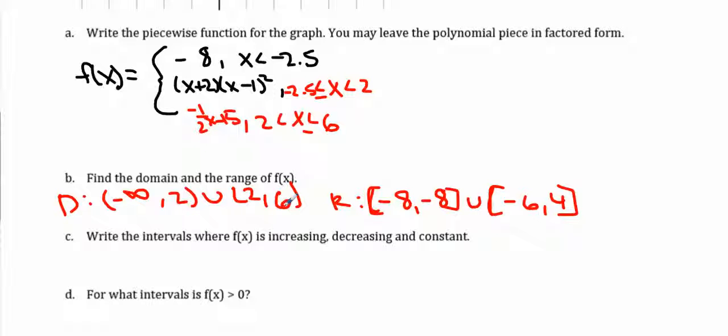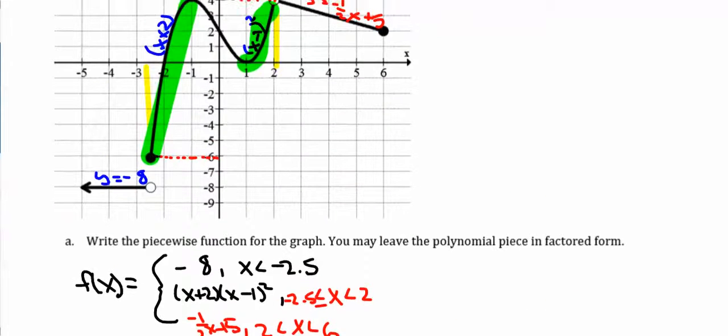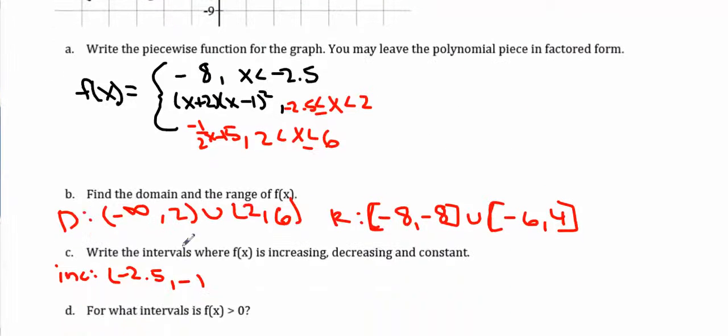It is increasing from negative 2.5 to negative 1, and 1 to 2. Remember, we always do intervals with parentheses.